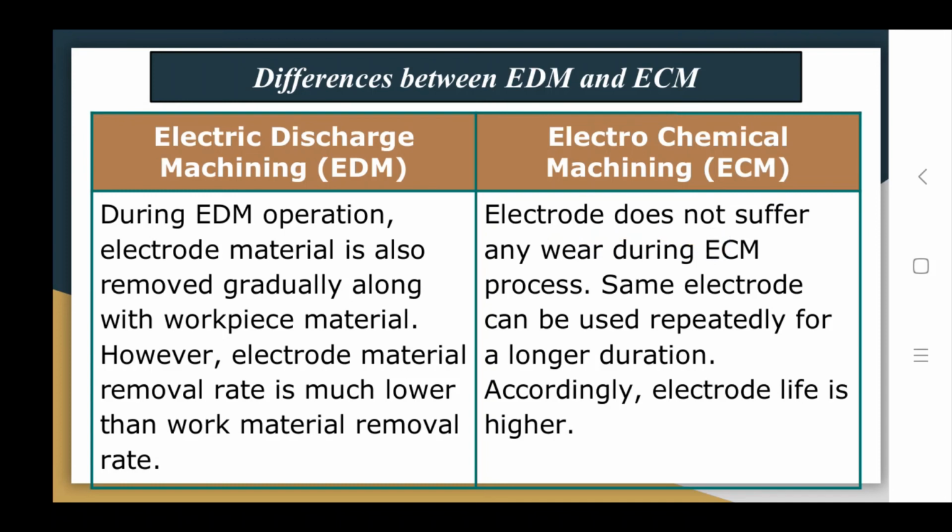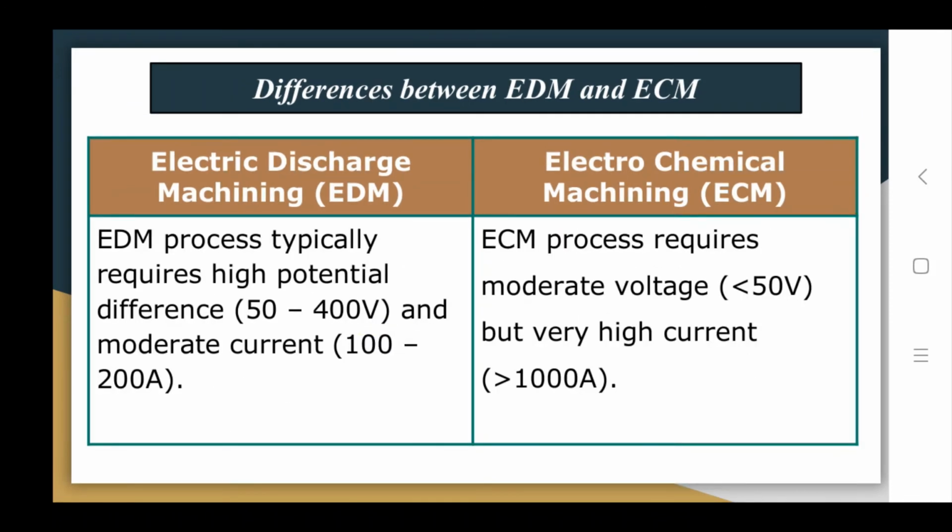During the ECM process, the same electrode can be used for a longer duration, and accordingly electrode life is also higher. The EDM process typically requires a high potential difference, that is 50 to 400 volts, and moderate current, that is 100 to 200 amperes. The ECM process requires moderate voltage, less than 50 volts, but very high current, more than 1000 amperes.